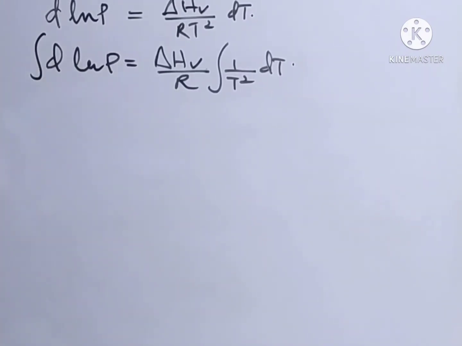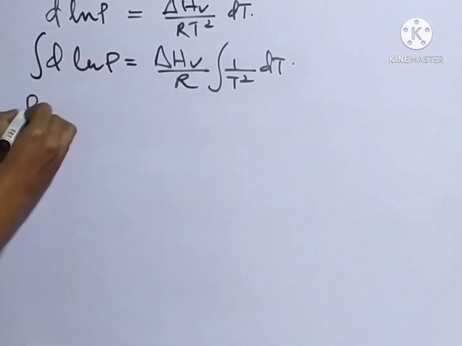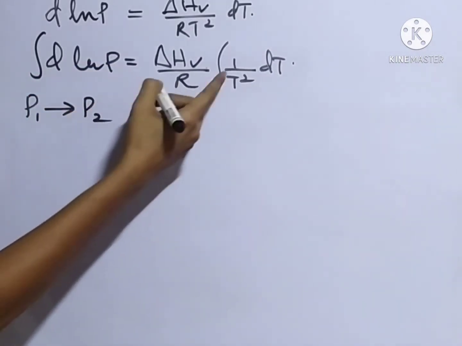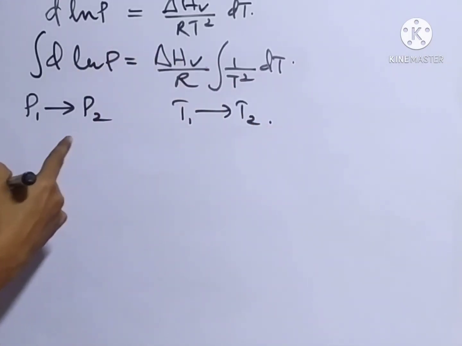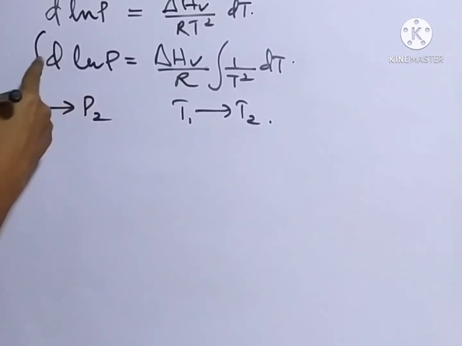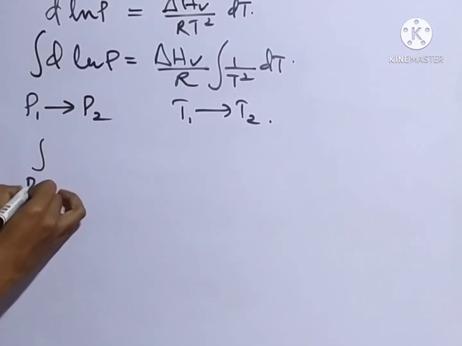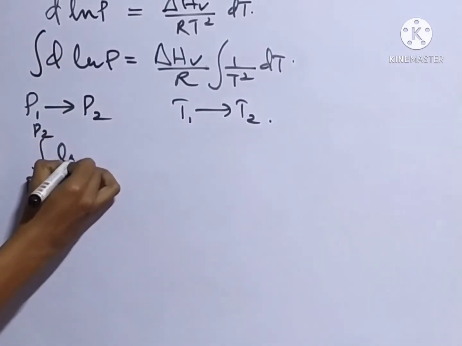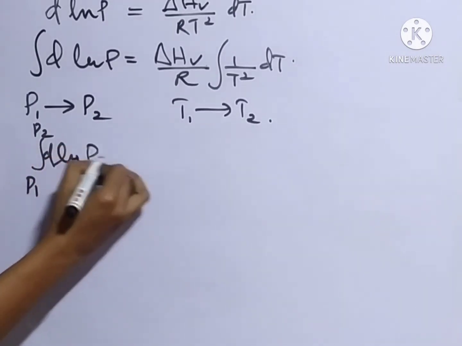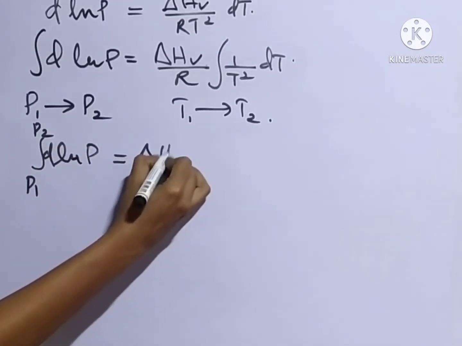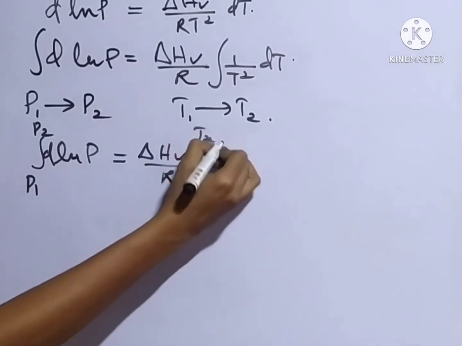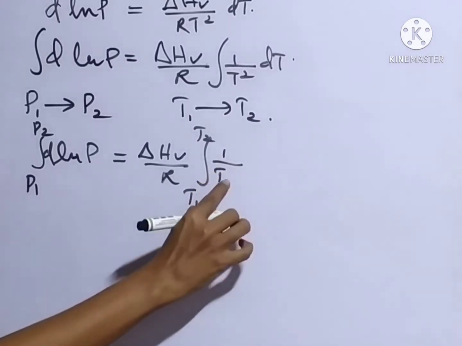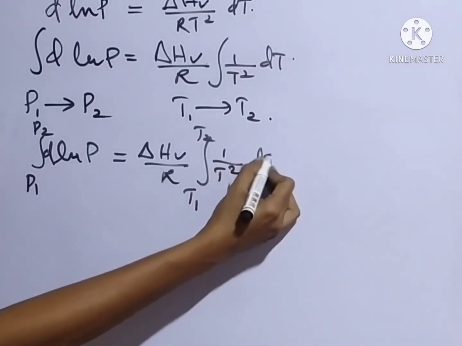We can integrate this equation by applying integral limits from pressure P1 to P2, and the temperature from T1 to T2. Then we'll get the answer like this: the integral from P1 to P2 of d ln P equals ΔHv / R times the integral from T1 to T2 of 1/T² dT.